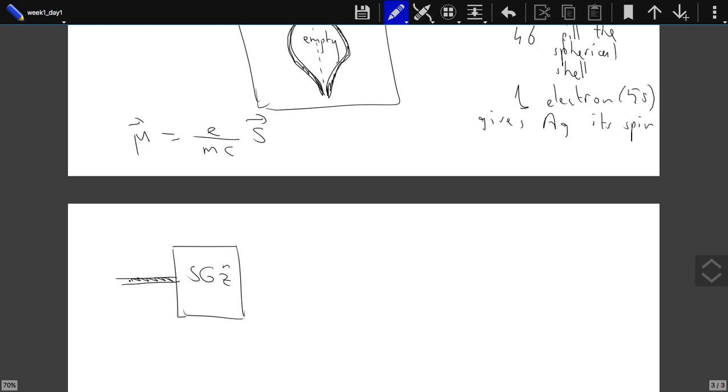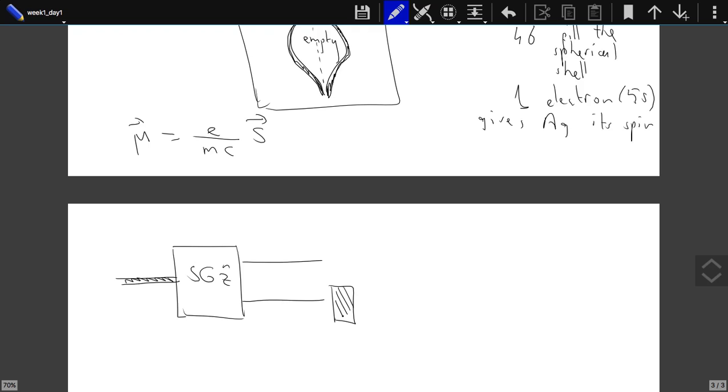So when we send a group of silver atoms through this Stern-Gerlach experiment, some of them go up, some are deflected down. So we can block some of them. These silver atoms come in just two varieties, one deflected up, one deflected down, so I can separate them.